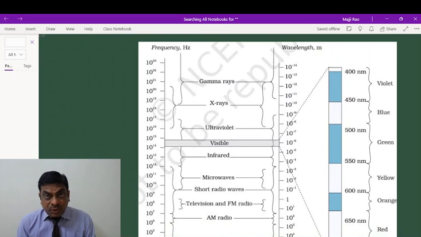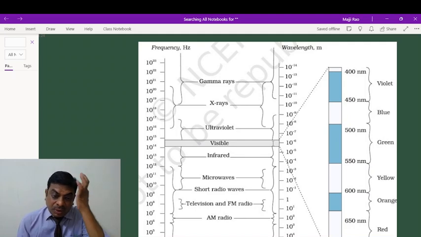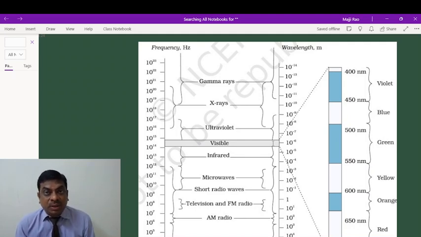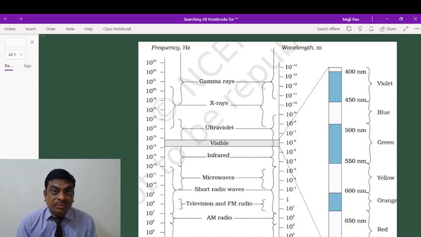Now they have been named in different ways based on the way they are produced, the method by which they have been produced and the detectors required to detect them. Based on that they have been classified. Also there will be a corresponding variation in the energy of their quantum.